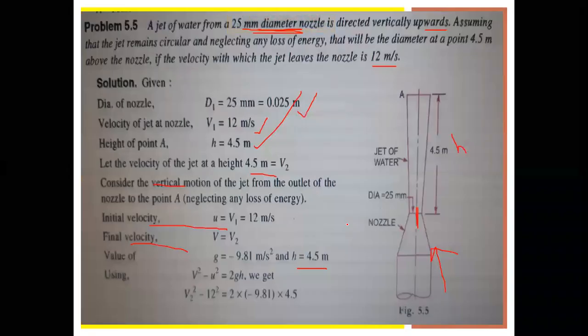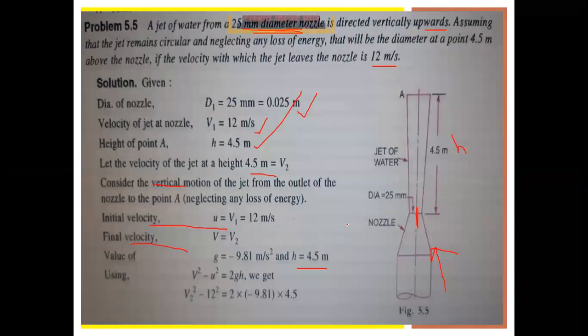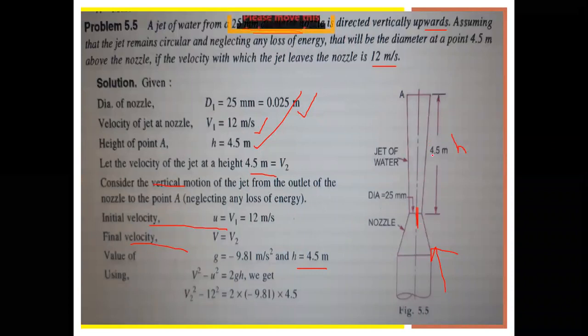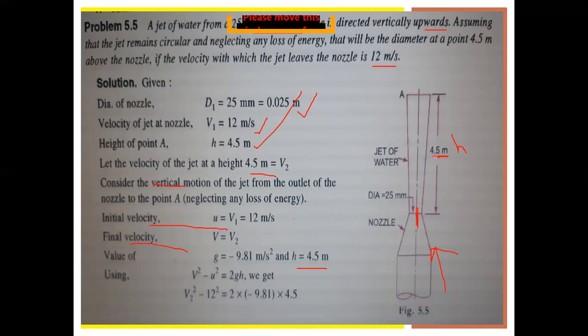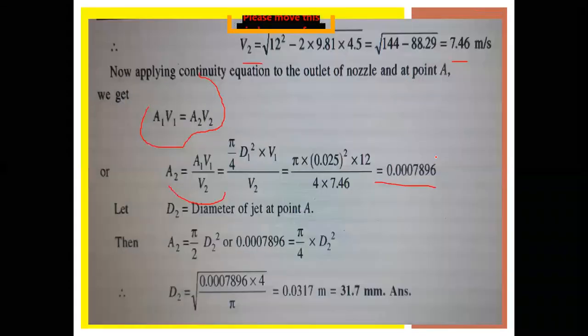Here what happens? The water is flowing through the jet with high velocity. This is a nozzle, the nozzle of the jet. High velocity, and it goes to a height of 4.5 meters. So based on that, what will be the other V2s or what will be the other calculation part? You have to just go logically and you have to get the values. Understood? Right.